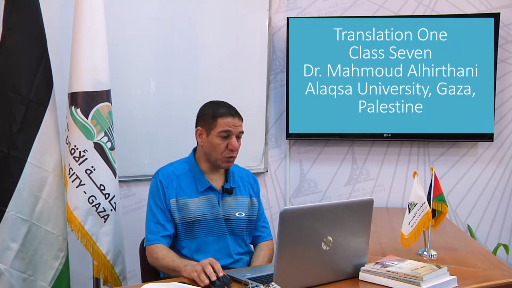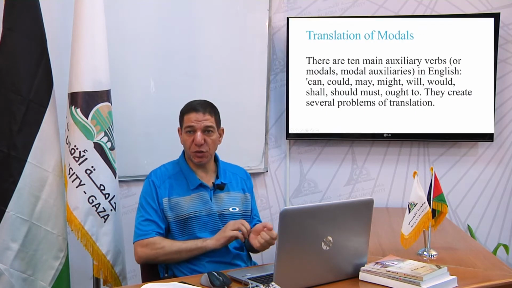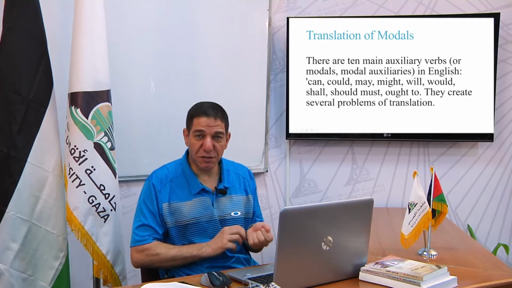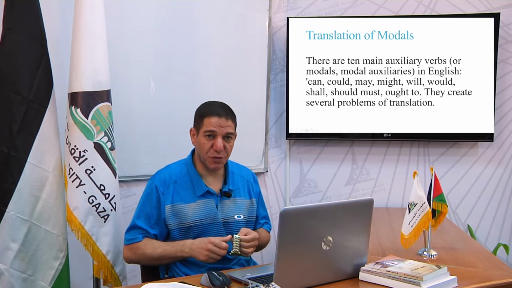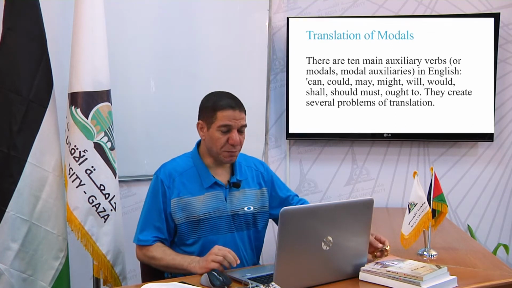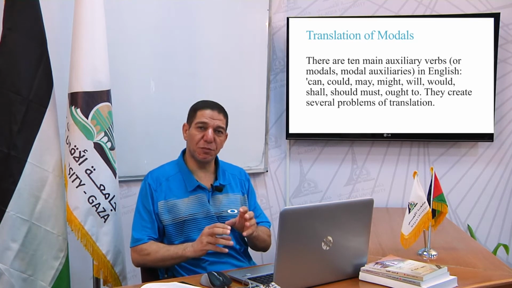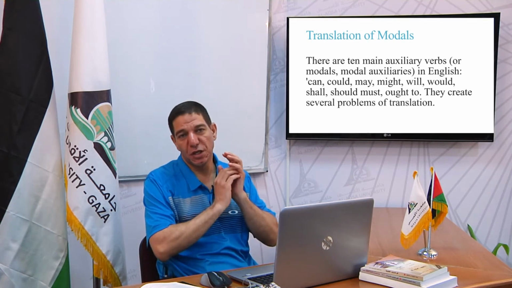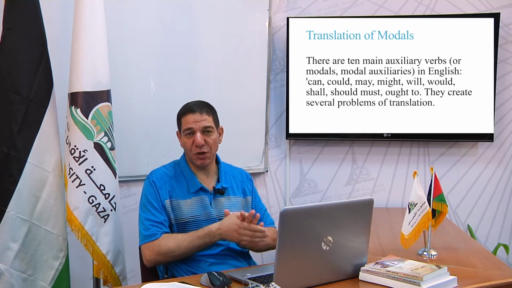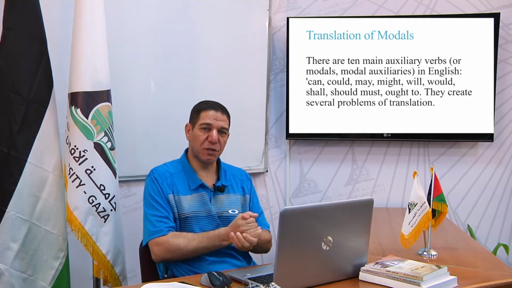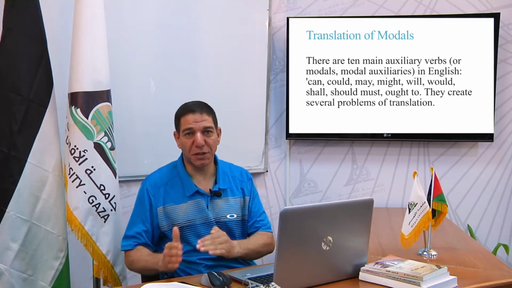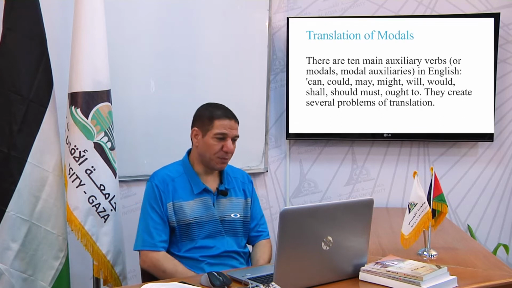We're going to do the translation of modals. Modals are very important in translation from English into Arabic simply because there is a discrepancy between how English introduces and deals with modals and how Arabic deals with them.